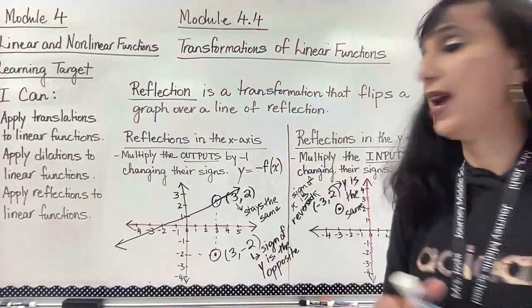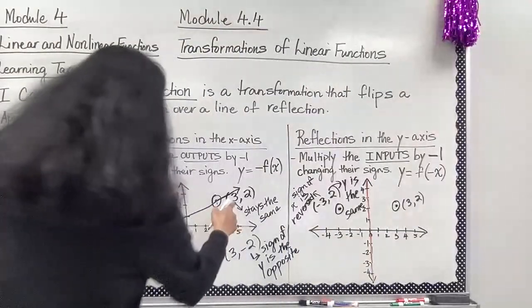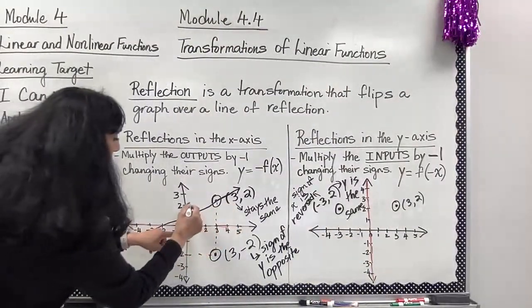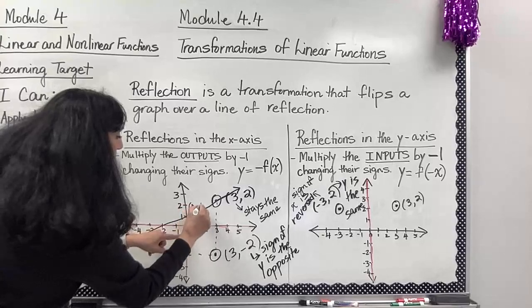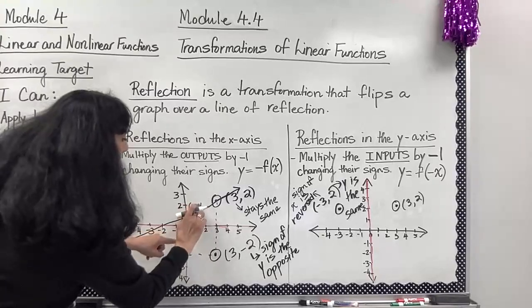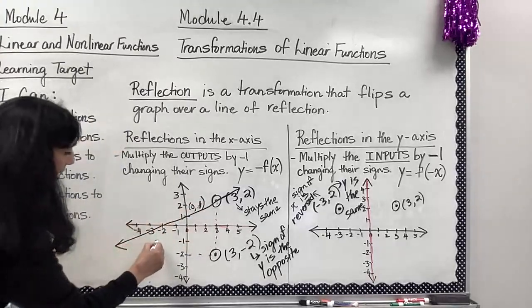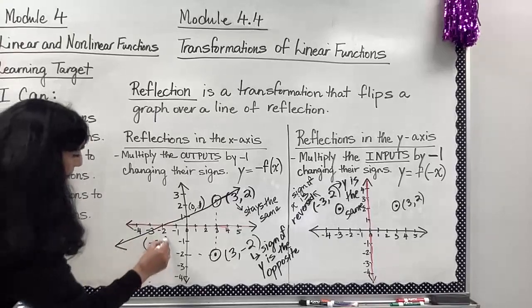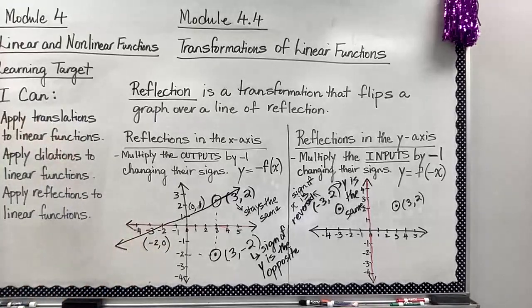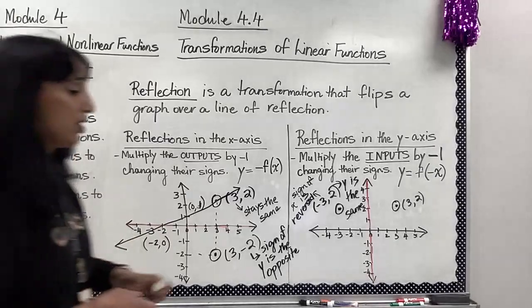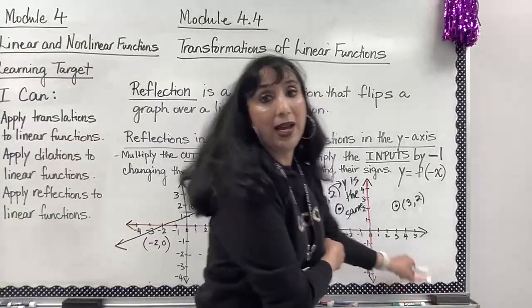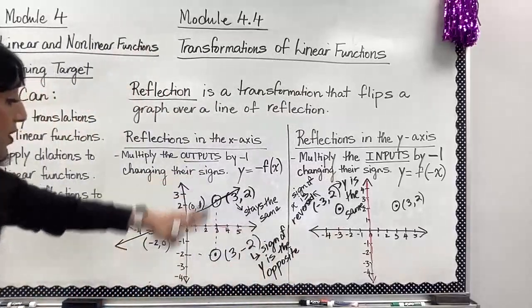So if I look at the ordered pairs here, I have (3, 2), (0, -1), (0, 1), and (-2, 0). Okay, so what did I say is going to happen when I flip it over the x-axis?